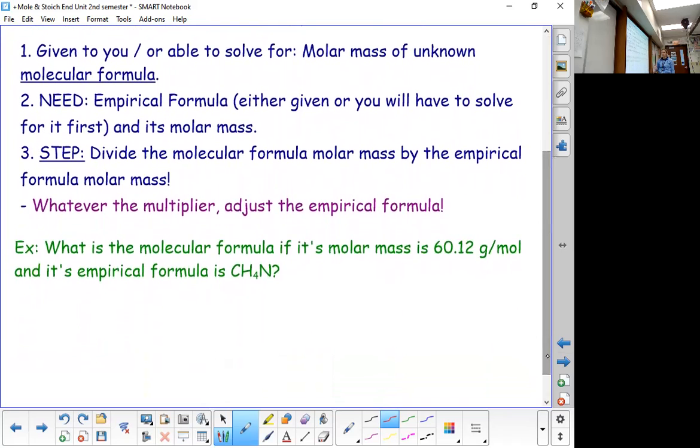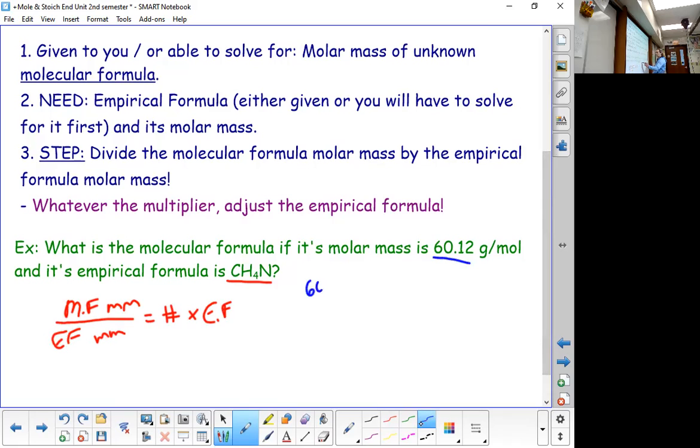As a simplistic example, it wants to know what is the molecular formula if the molar mass of the whole compound is 60.12, and its empirical formula is CH4N. So it's molecular formula molar mass over empirical formula molar mass. You're going to get some number, and then we multiply that by the empirical formula. The molecular formula molar mass is 60.12 grams per mole.